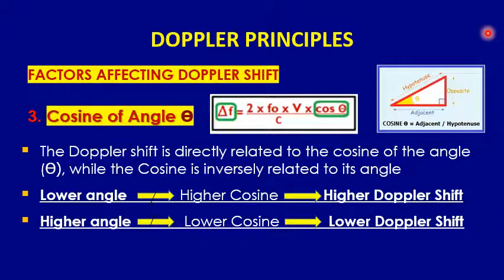Now we come to one of the other factors directly related to the Doppler shift, the cosine of the angle theta. As we see here in this diagram, I'm getting a triangle. If you remember something about trigonometry, we have a right angle here, and two other angles that are not right angles.